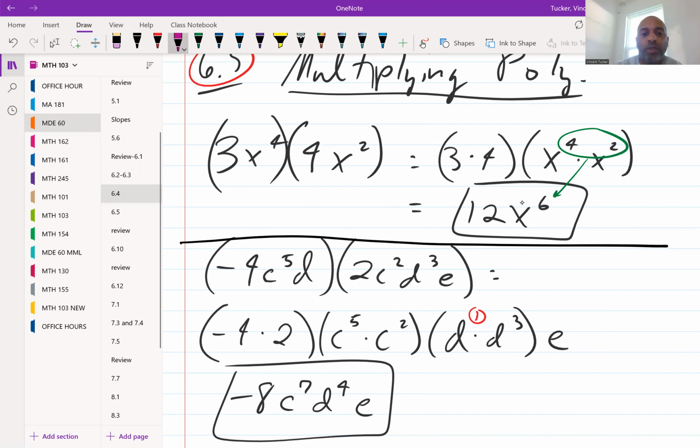We have negative 4c to the 5th d times 2c squared d cubed e. So negative 4 times 2, and we have c to the 5th times c squared, then d times d cubed, and then e could have another e term to multiply to. So we just leave it there. Negative 4 times 2 is negative 8. C to the 5th times c squared, add your exponents, c to the 7th. D, assume you know there's a 1 there for the exponent.